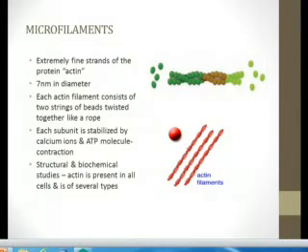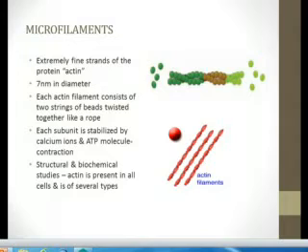Now starting from the smallest one, that is the microfilaments, they are called micro just because of their size or diameter, and they are basically made up of actin subunits, a smaller protein, actin, that makes these fine strands. So microfilaments are basically the actin filaments, and they have a diameter of about 7 nanometers, the range lying between 5 to 8 nanometers.